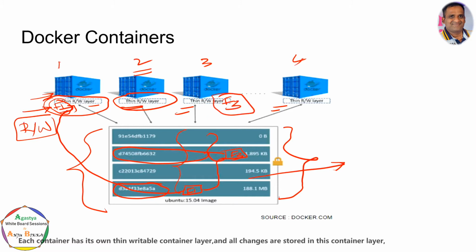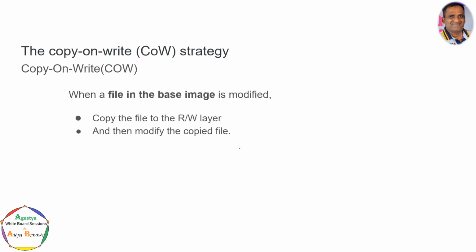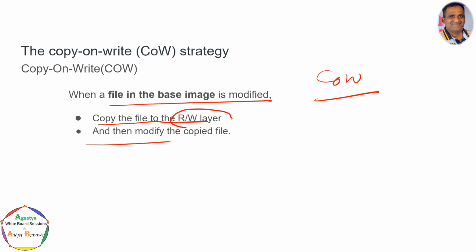So container 1 is going to modify F1 not here, but here, and container 3 is going to modify F3 here. This means they are not modifying the original, they are modifying the copy of the file. This is called the copy on write strategy. When a file in the base image is modified, a copy of the file is made in the read-write layer and they modify the copy.